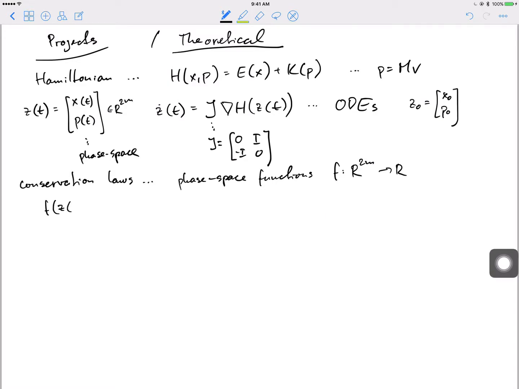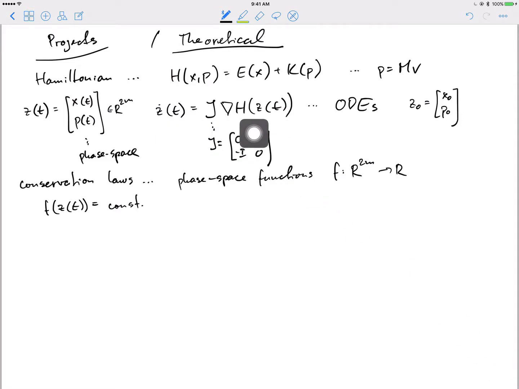Mathematically, f of z of t is a constant. We talked about the fact that these motion invariants, these functions on phase space which are constant over the entire duration of the motion, arise from symmetries of the Hamiltonian, according to Noether's theorem. You don't have to remember Noether's theorem or exactly what these were, but important examples are the conservation of energy and conservation of momenta. Motion invariants.